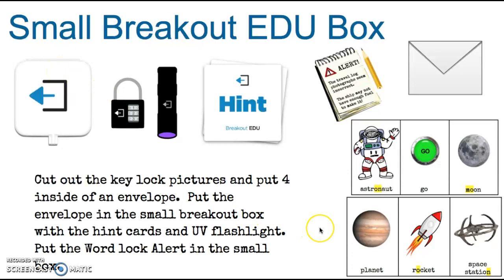The other 2 pictures can be placed next to other puzzles or around the room, so they have to find them. Inside the small Breakout box will also be a travel log that talks about the photographs being incorrect. That way they have to find which puzzle that will go with.